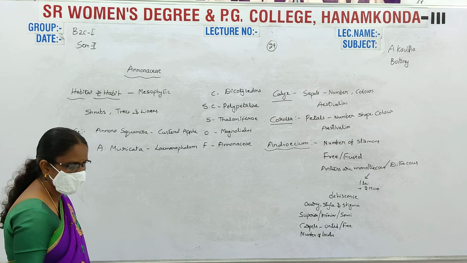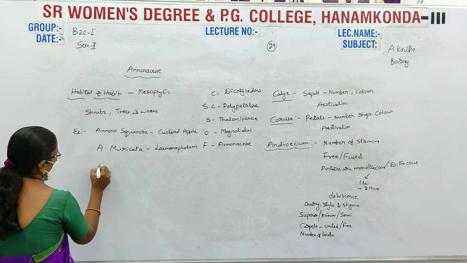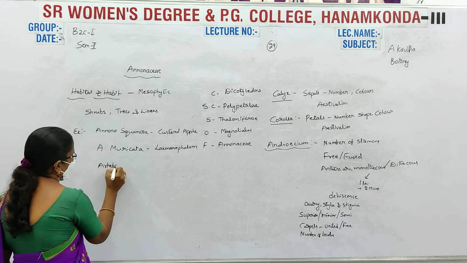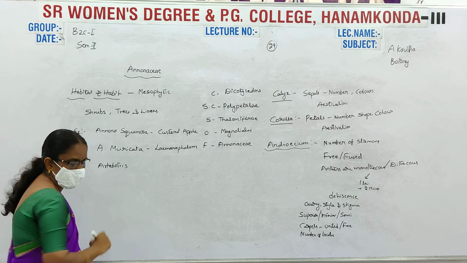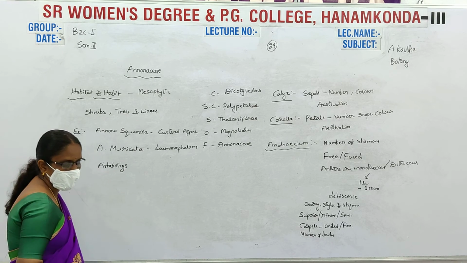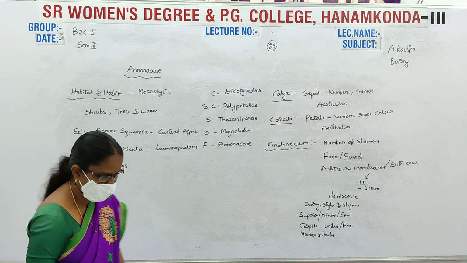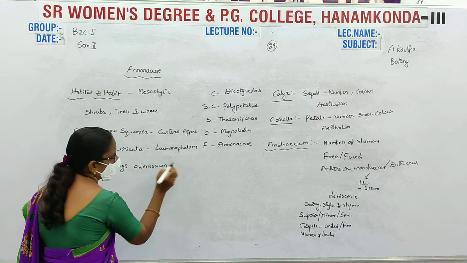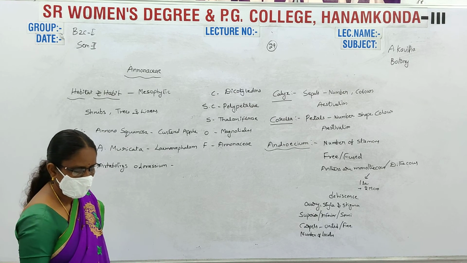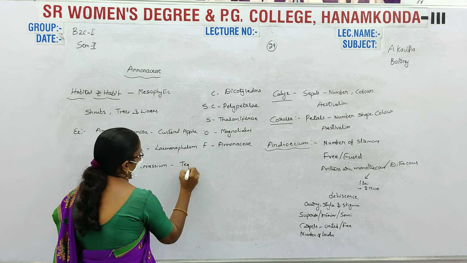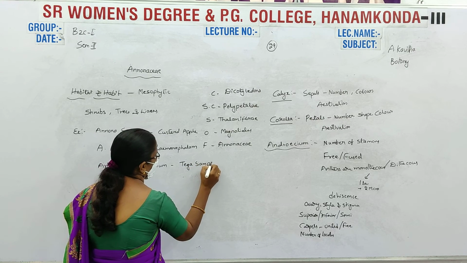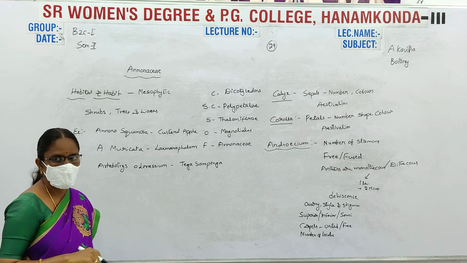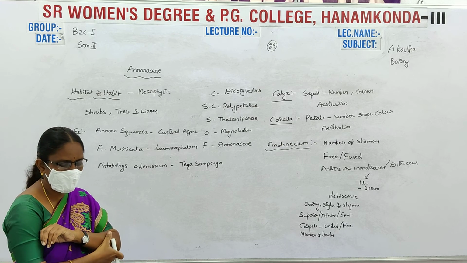Next is Artabotrys odoratissimus, whose common name is Tiga Sampangi.